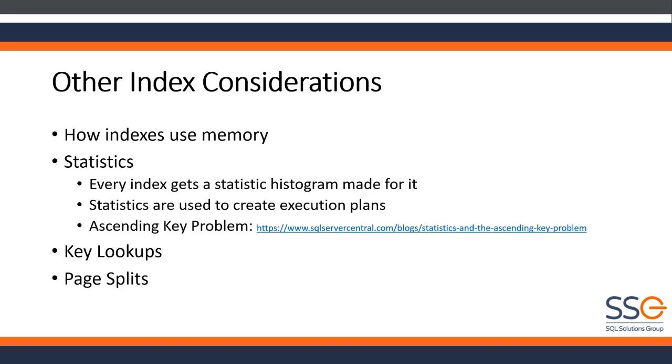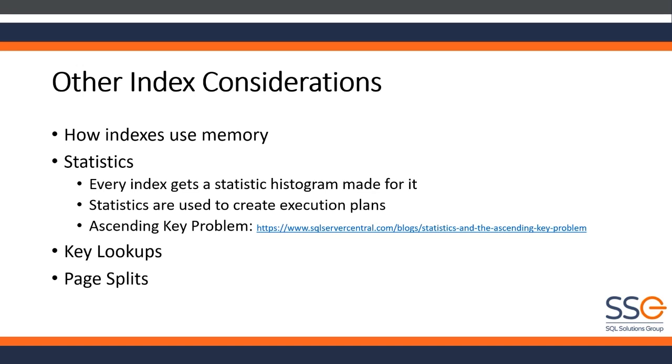It's also worth noting for every statistic you create, you don't have the setting of auto create statistics disabled. It's on by default. As long as you haven't turned that off, then every index will get a statistic behind it.